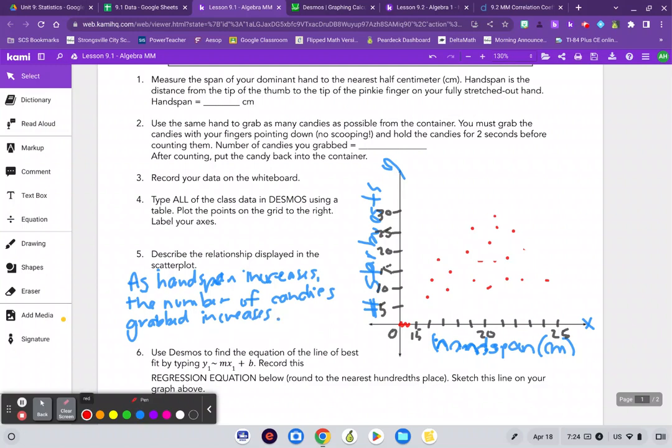Another thing that we can say is this shows a positive linear relationship.